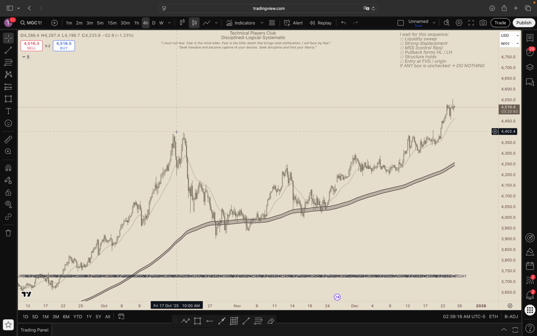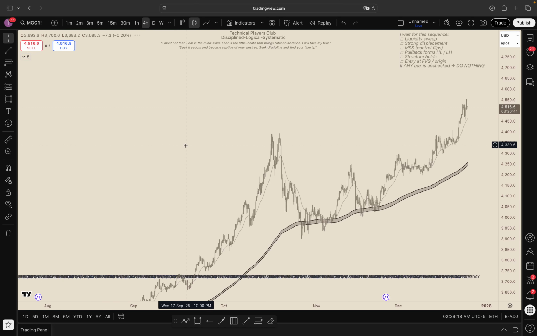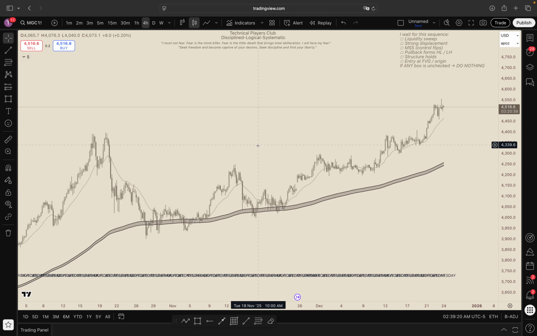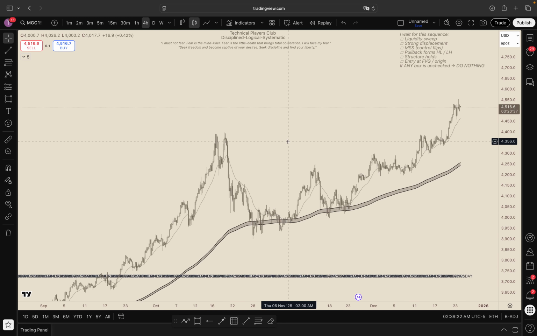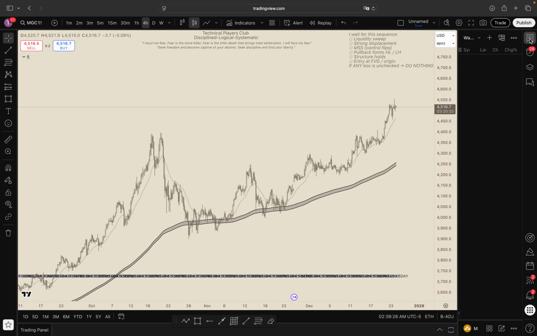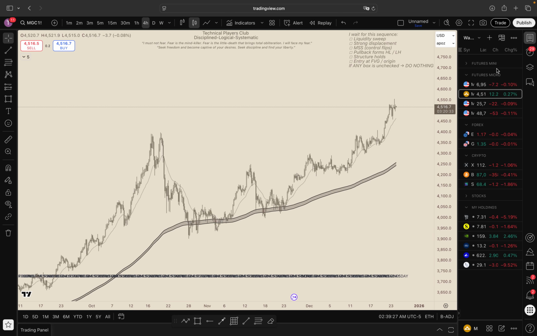Right above here, the highest area your price went. That's the most obvious. This is a 4 hour chart, and this is gold. Gold is pretty parabolic, so maybe I should use another one as a first example.